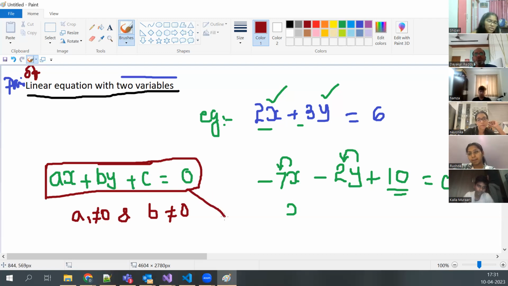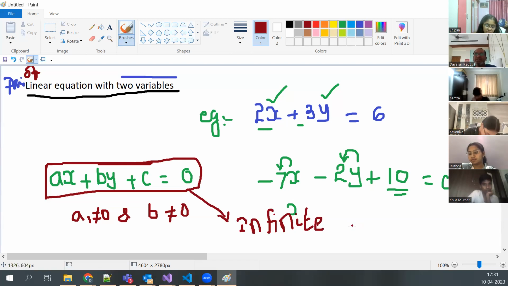Then now, how many solutions will this contain? Sir, one solution. No, not one, because you are not able to find the exact x value and y value. It contains infinite solutions. Why? Because we cannot find the exact x value and exact y value. That's why it contains infinite solutions. Now tell me, there is a linear equation 2x plus 3y equal to 6.